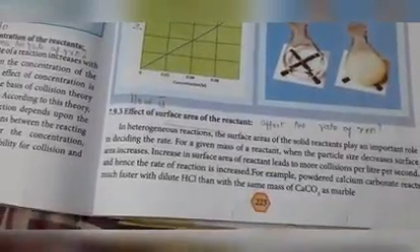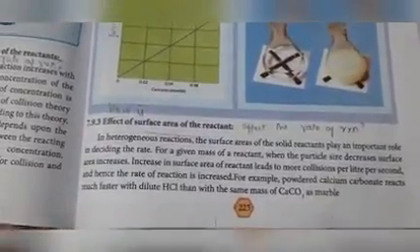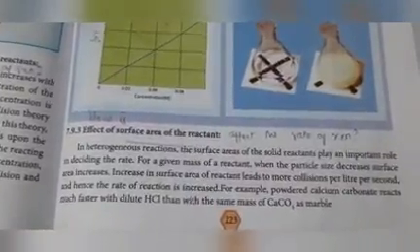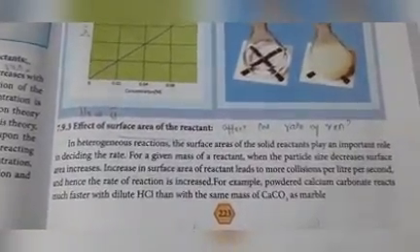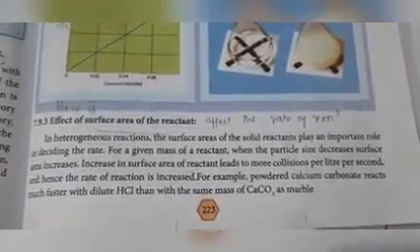Each and every particle has surface area. So, the total surface area of the smaller particles is greater than larger particles. So, small particle size means greater surface area. That is only for a given mass of the reactant: when particle size decreases, surface area increases.